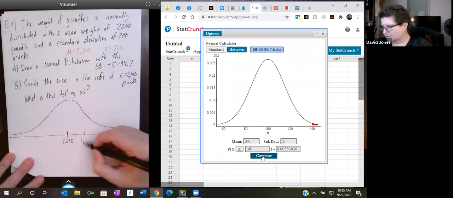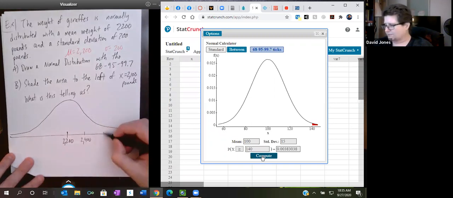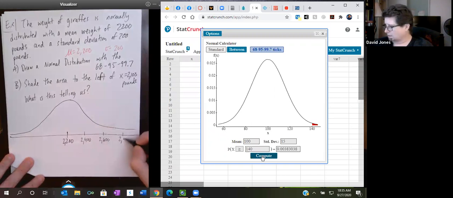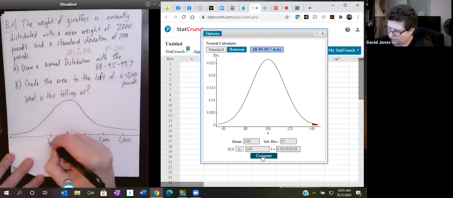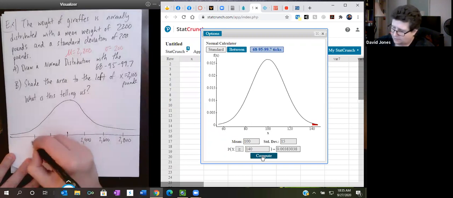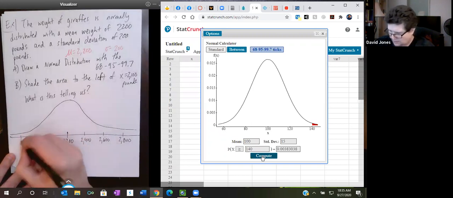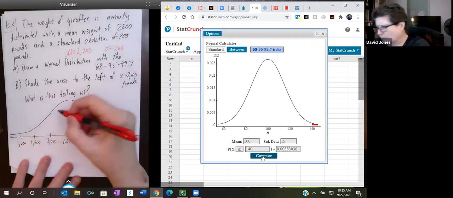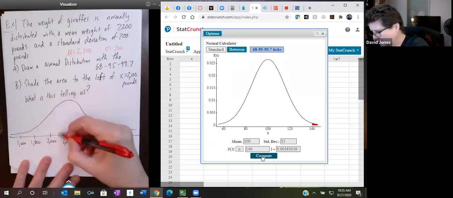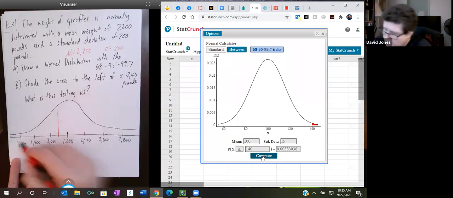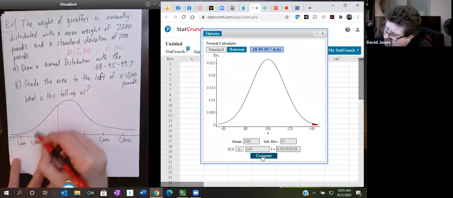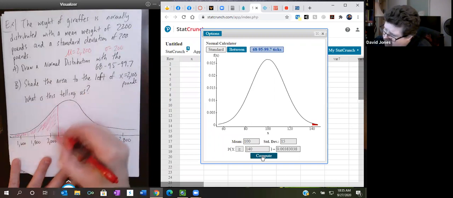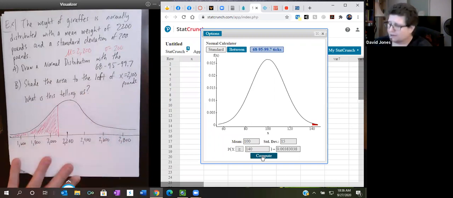We add increments of 200 going to the right, we'll do it 3 times, and we'll subtract 200 going to the left 3 times. 2,100 is right here. So we shade the area under the curve to the left, that region right there.